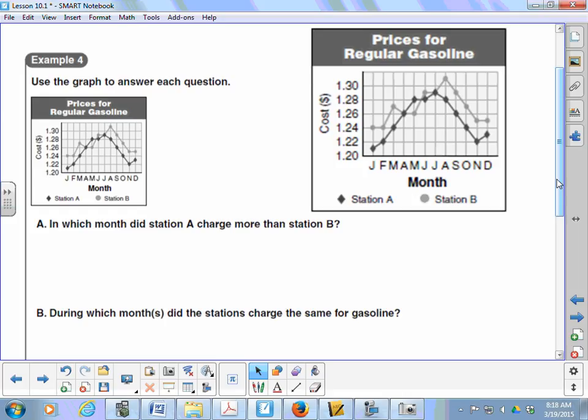So we got January, February, March, April, May, June, July, August, September, October, November, December. All right. So which one? So we're looking for when Station A is bigger than Station B, so the diamonds are bigger than the circles. I know it's harder to see. Oh, charge more. Yep. Okay. All right. So that would be May.